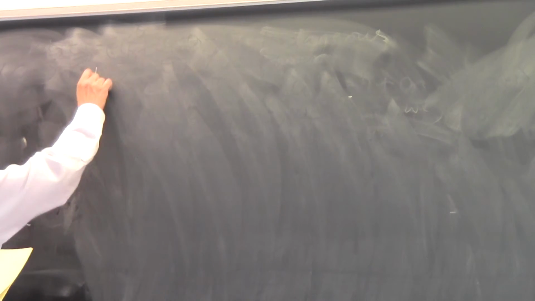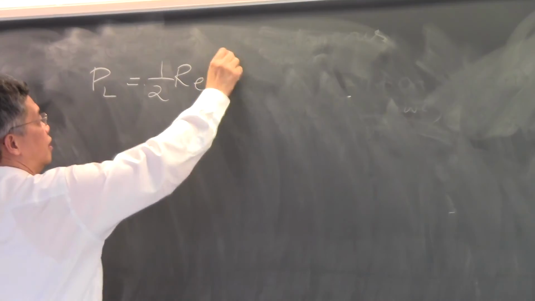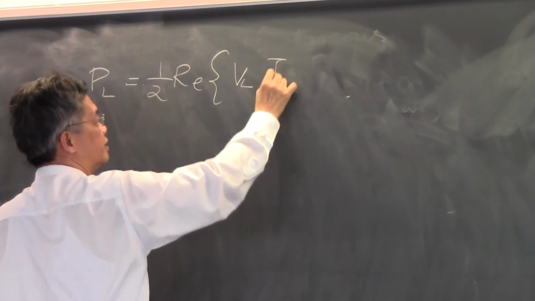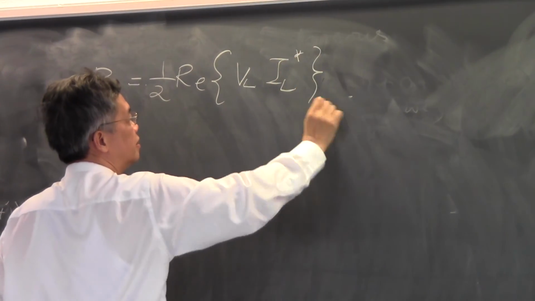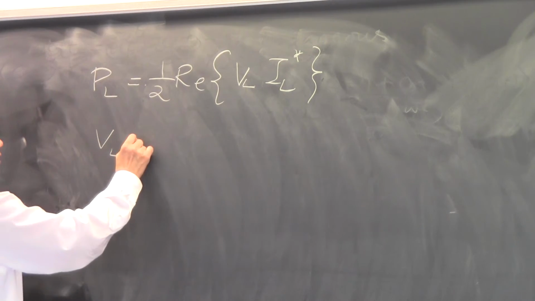And we can write down the power at the load very easily. The power at this load is just half the real part of the voltage across the load times the current passing through the load, IL conjugate, okay? So what is VL? VL, we can use the voltage divider formula.